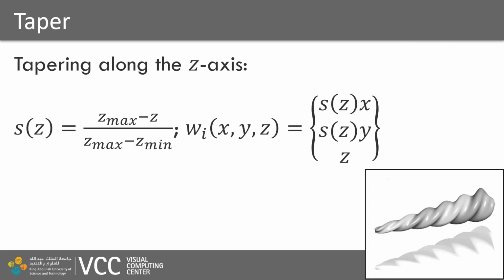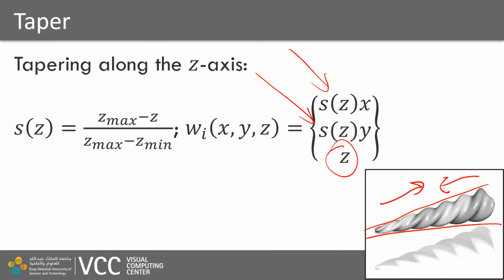Another deformation function can be tapering, so that we are tapering our implicit representation, and the scaling is again a function of z. So along the z-axis, we are not scaling anything. There is no contraction going along this dimension, but there is a contraction along this direction, for example.